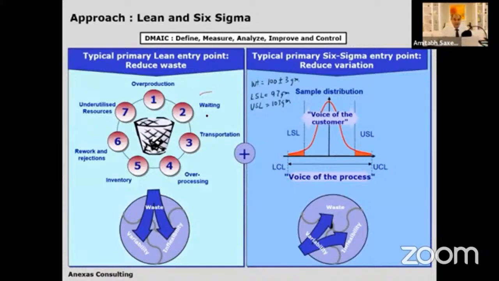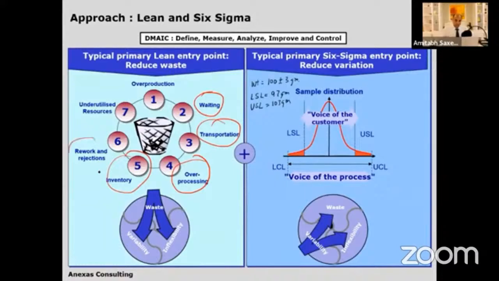Now, coming to the other wastes. So we have waiting time. I already talked about transportation, moving something from one place to another place. If the customer is not willing to pay for it, it is not adding any value, then it is a waste. Over processing, giving the customer more than required, is a waste. Inventory, whether work in process, finished goods or raw material inventory, blocks a lot of money in organizations.